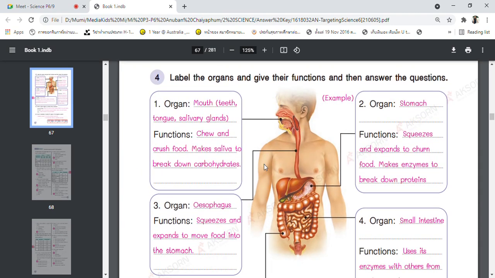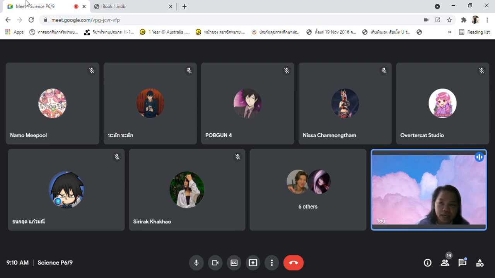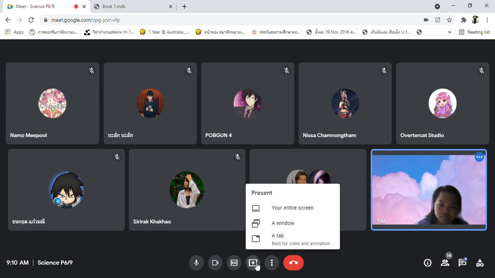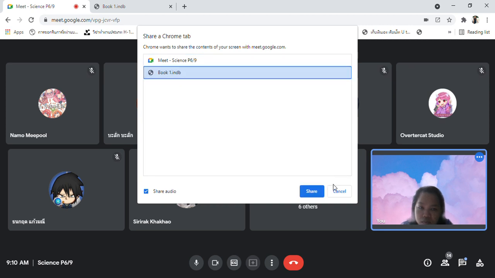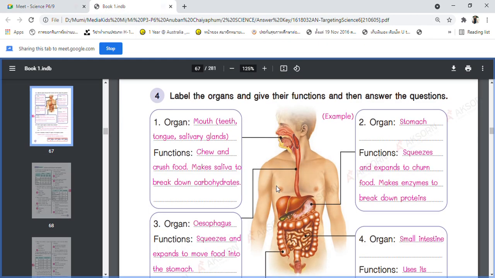Okay, but first let's review. Label the organs and see their functions, then answer the questions.